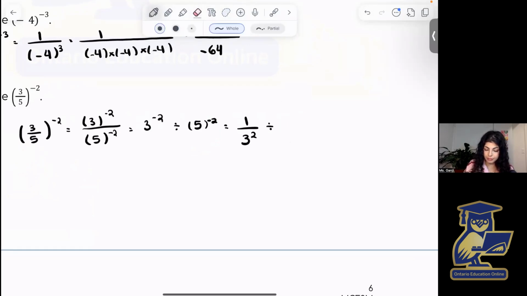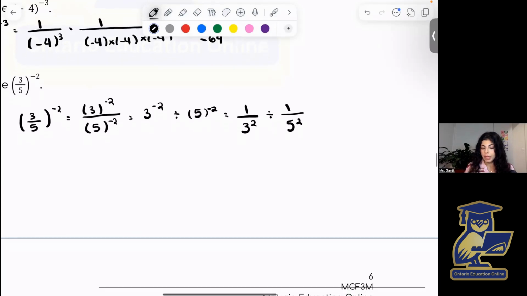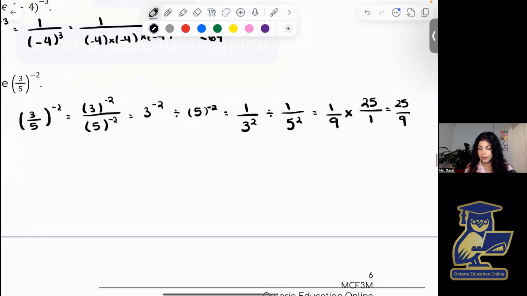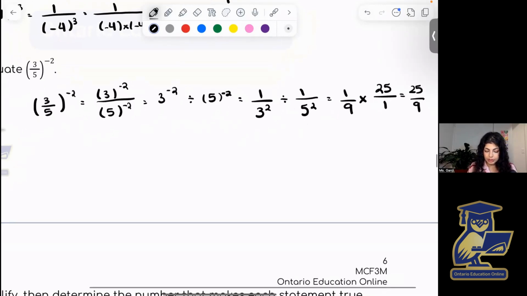We have 1 to the power of 2, but this is a division, so we keep the first term, 1 over 9, and multiply by the reciprocal of the second, 25 over 1, and this is 25 over 9. I want to show you another way you can consider this.